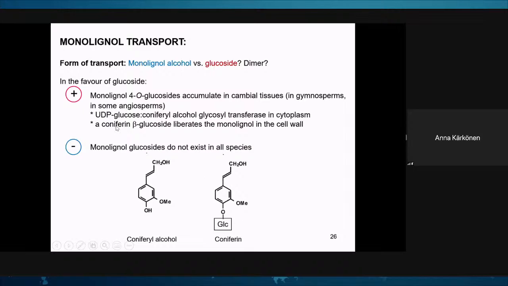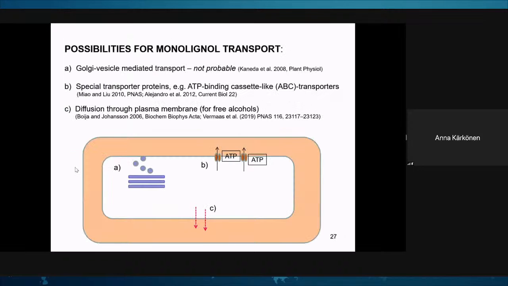And also enzymes that liberate monolignol from the conjugate exist, like coniferin beta-glucosidase, which liberates monolignol alcohol from this conjugate in the cell wall. Those have been characterized. But then there are also indications against the glucoside idea. For example, these glucosides do not exist in all species. Okay, the way of transport is not yet clearly known.